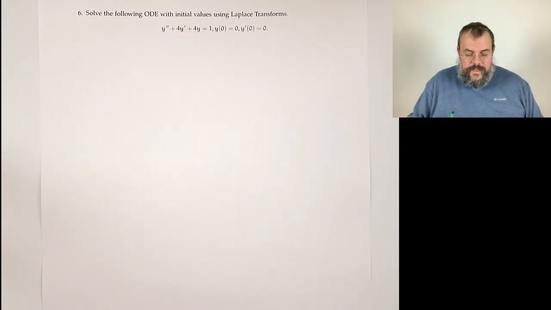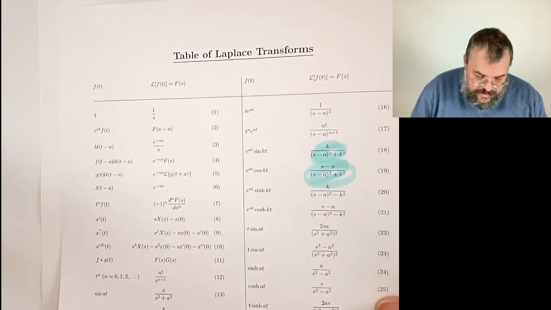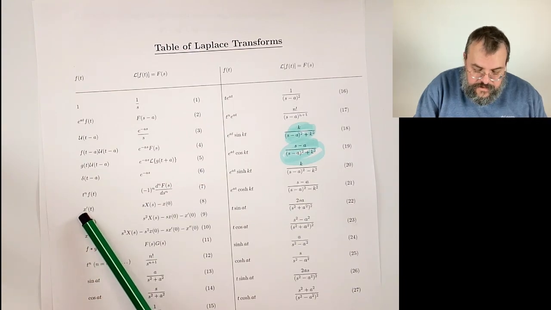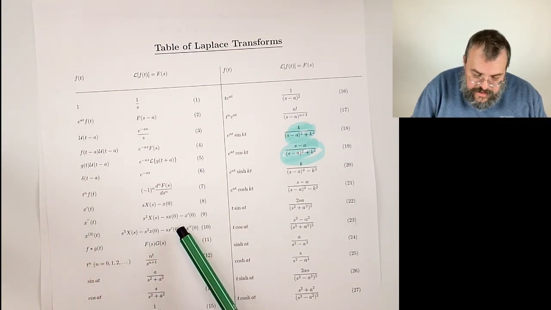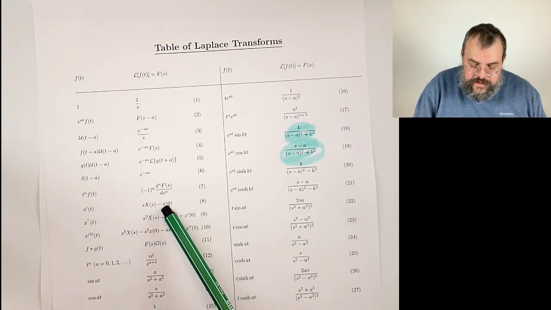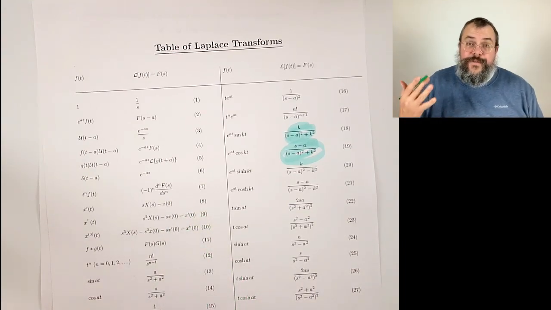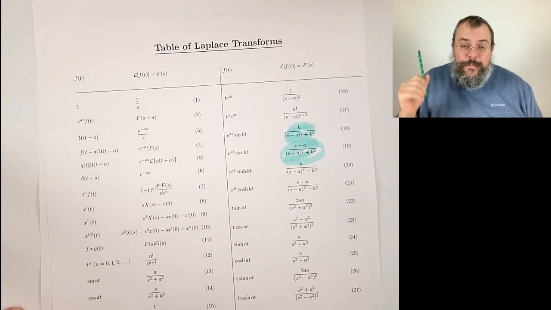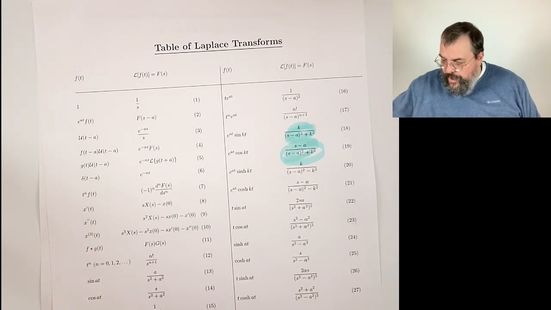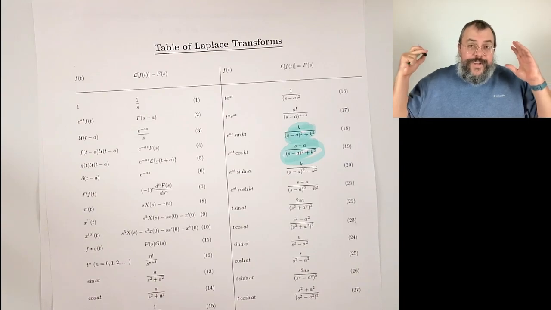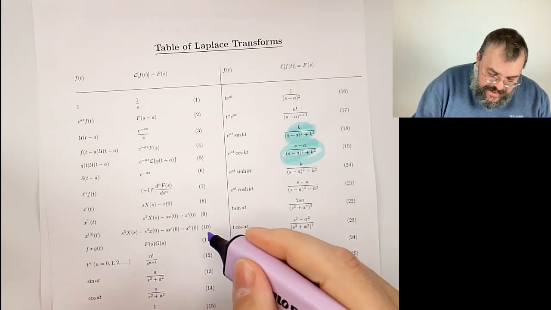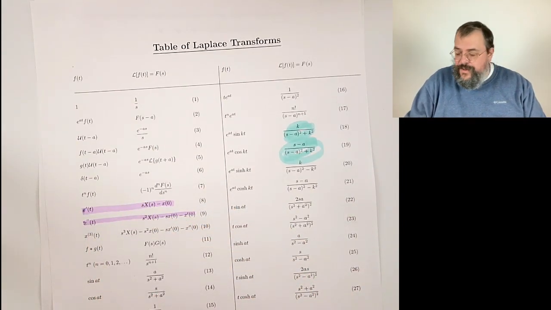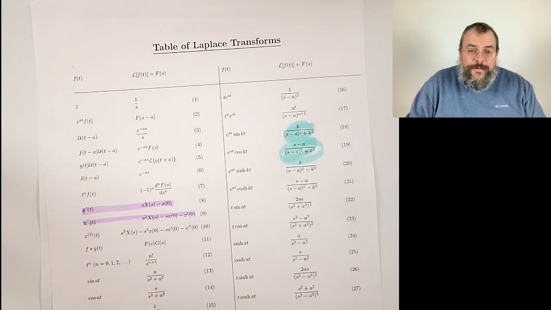If you look at our table, you'll notice we know how to handle second derivatives and first derivatives, and those formulas have initial value pieces. That's where the initial values come in, at the start of Laplace transform problems. But the glorious thing about this problem is our initial values are zeros. That's the best we could hope for.